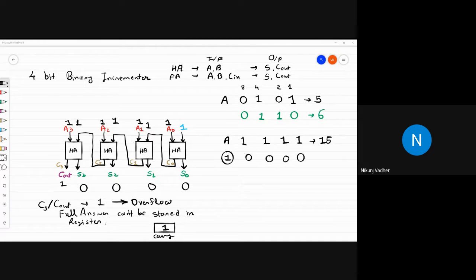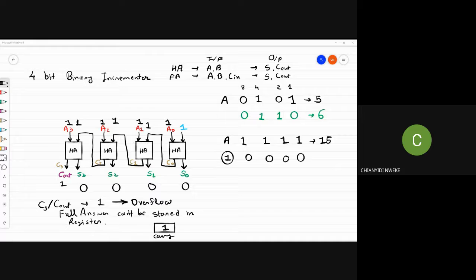What will happen if your water tank is full? Say the capacity is 1,000 liters. Whatever you add after 1,000 liters, you have to store it somewhere else. So that one bit will be stored in the carry flag. Got it?